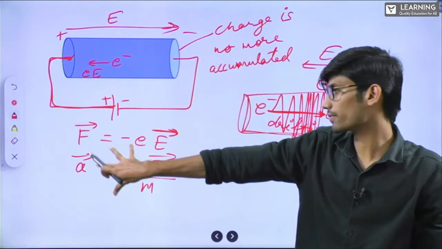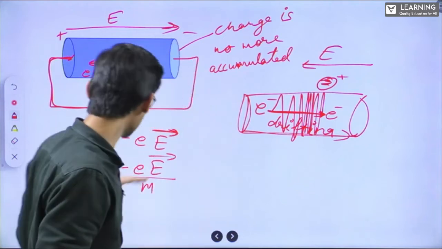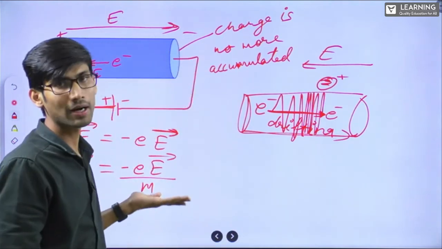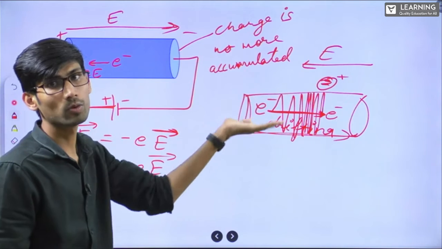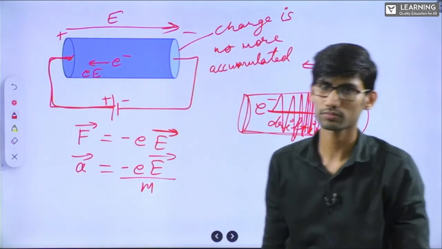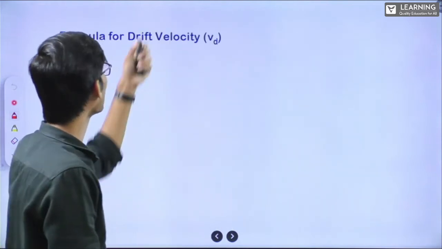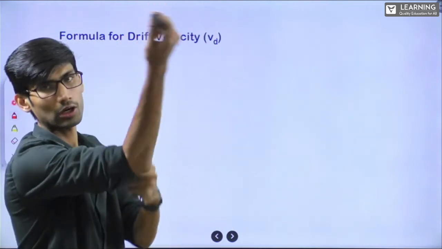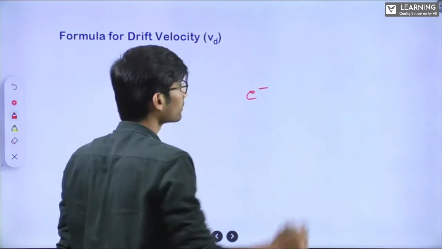It seems that the electron will move with acceleration, but in reality, electrons, just because of collisions, are moving with a constant velocity, that is drift velocity. Okay. Now, let us see the formula for drift velocity. How do we get the formula? Understand? Let's see, this is an electron.